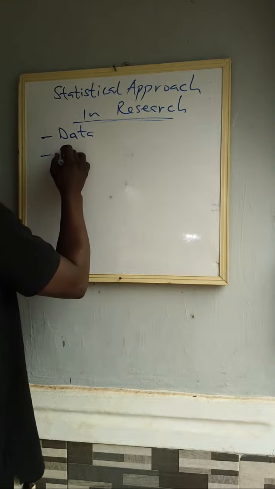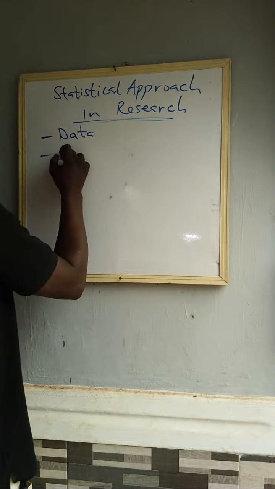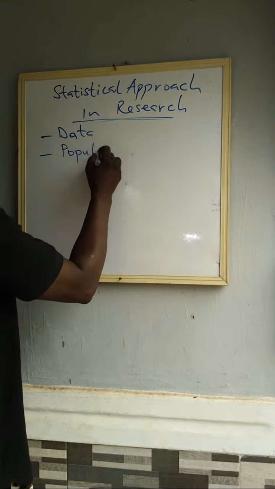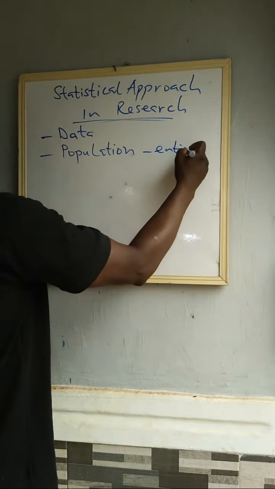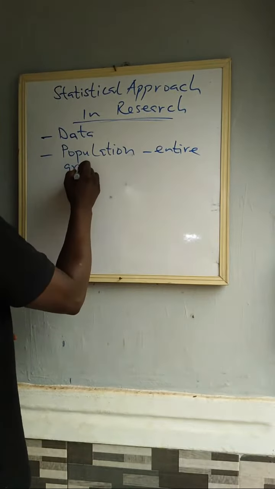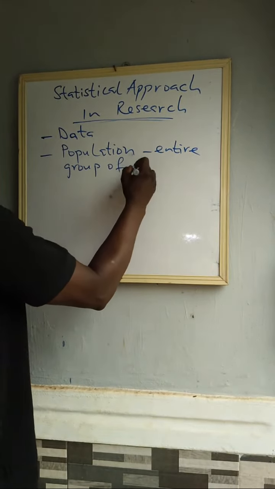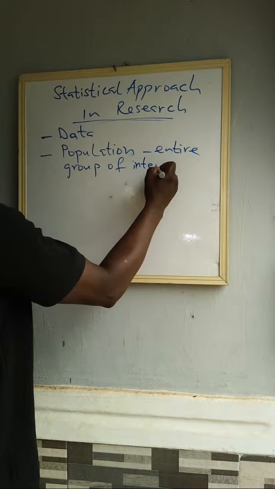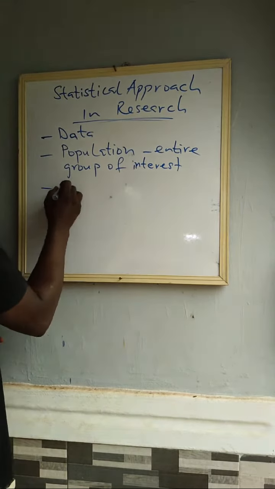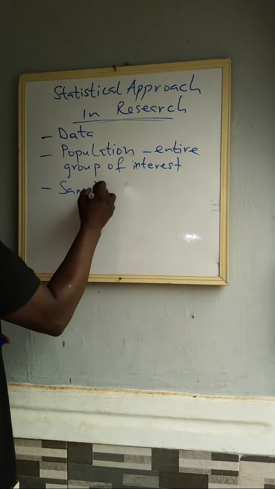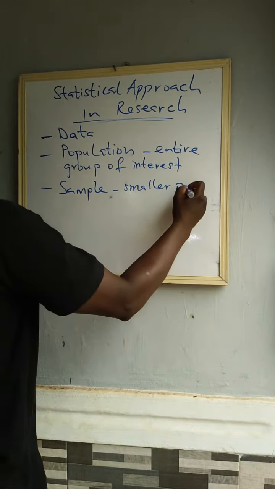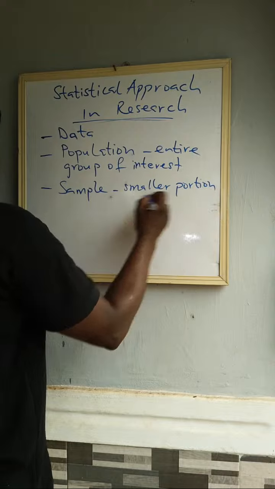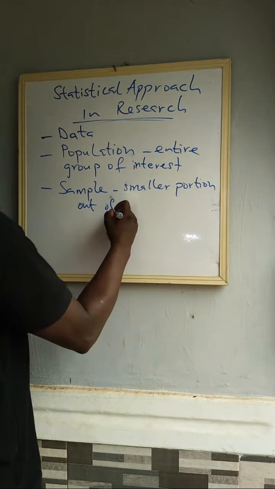So we talk about a population, which means entire group of interest. And then we talk about sample, which is a smaller portion out of the group.